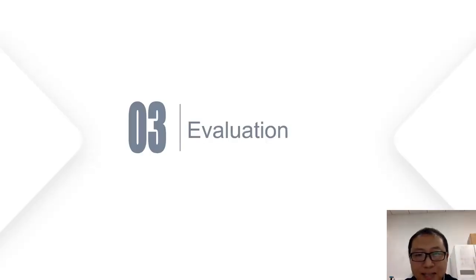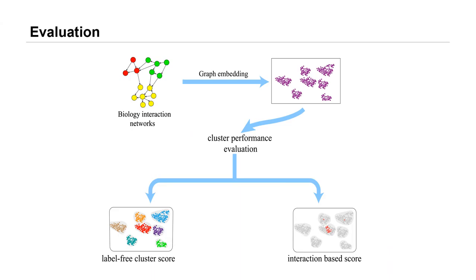The next section is evaluation. After the graph embedding, t-SNE was applied to reduce the dimension for visualization. 2 evaluation indicators were used to assess the embedding performance from different perspectives.